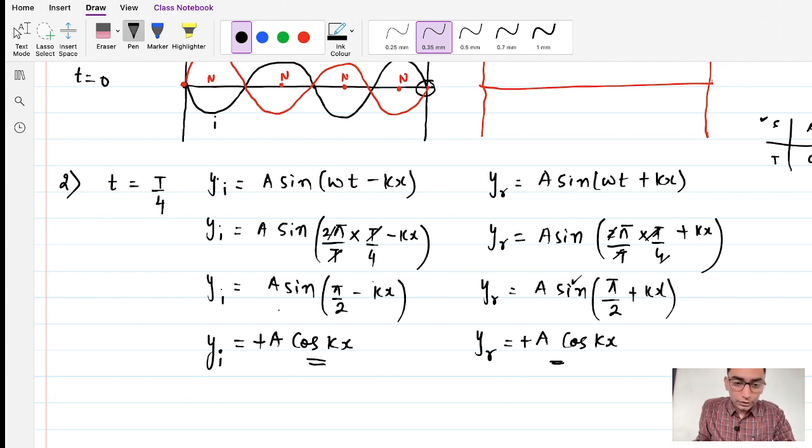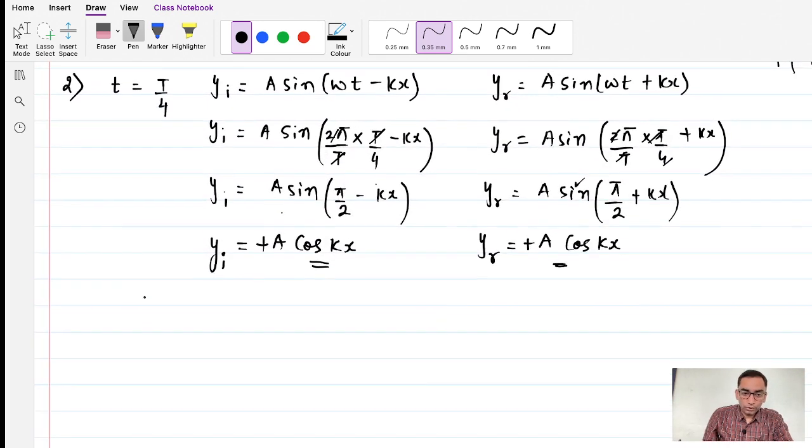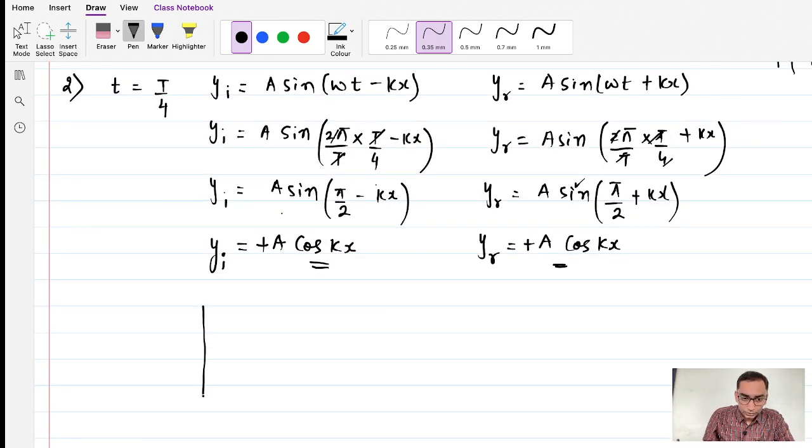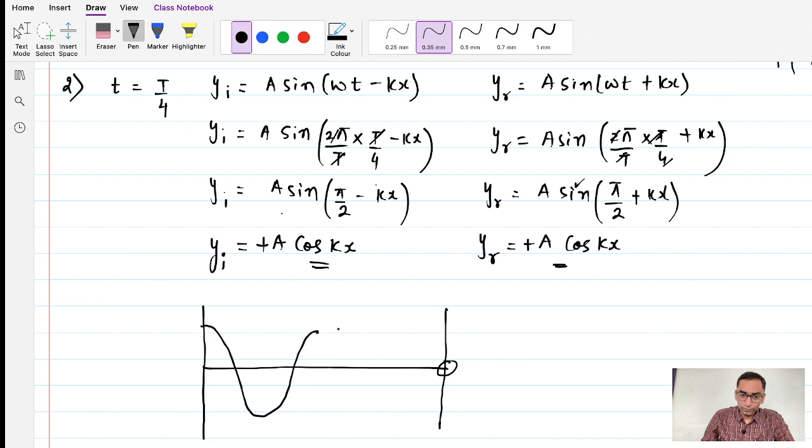Now, in case of the constructive interference, we will have to draw the graph very carefully. So, like this is my free end. Now, as I said cos function, so cos function starts from here. This is my one wave and this is my another wave. So, this is my incident wave, and in the same way the reflected wave is also over it.